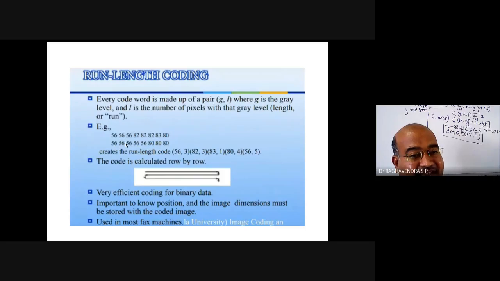But we cannot go back to the previous row, though it is also the first pixel in the second row. We can only go from top to bottom. We cannot go from bottom to top. So 56 cannot be considered as 8 because it is linked to the above row. Only 5 will be considered. Got it? Got the difference?